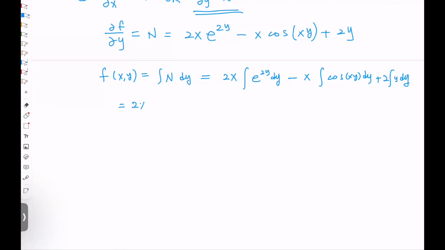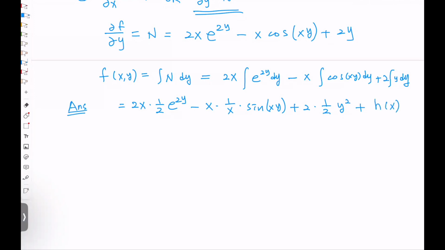We have 2x times 1 over 2 e to the 2y, and minus x times 1 over x times sine xy plus 2 times 1 over 2 y squared, and then h of x.